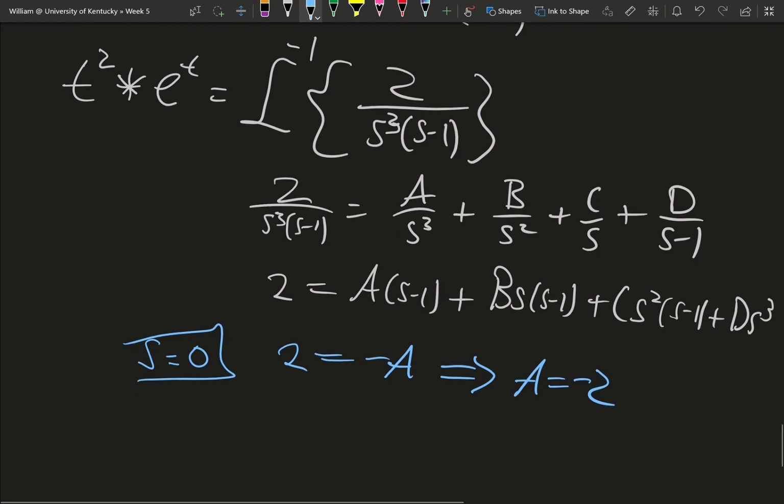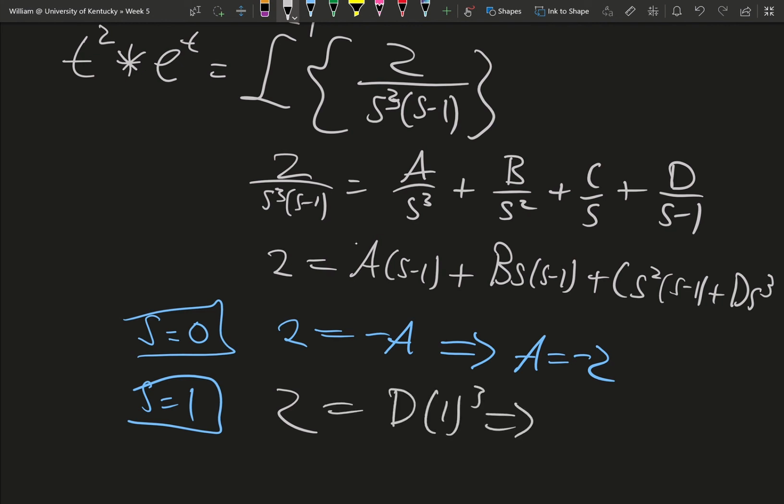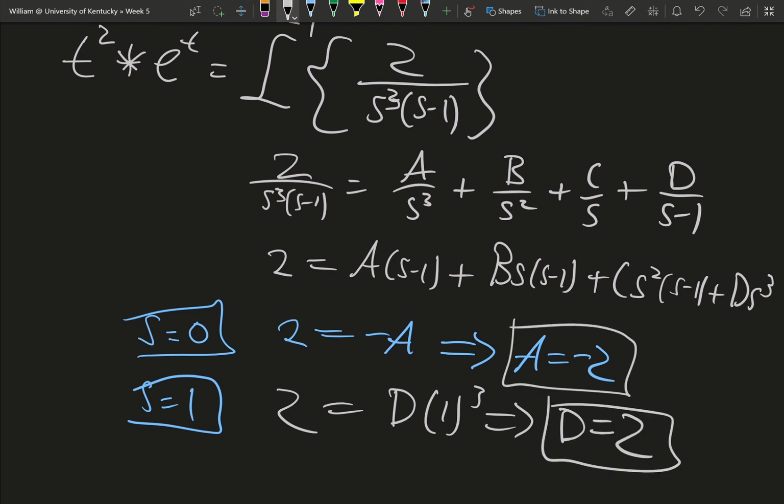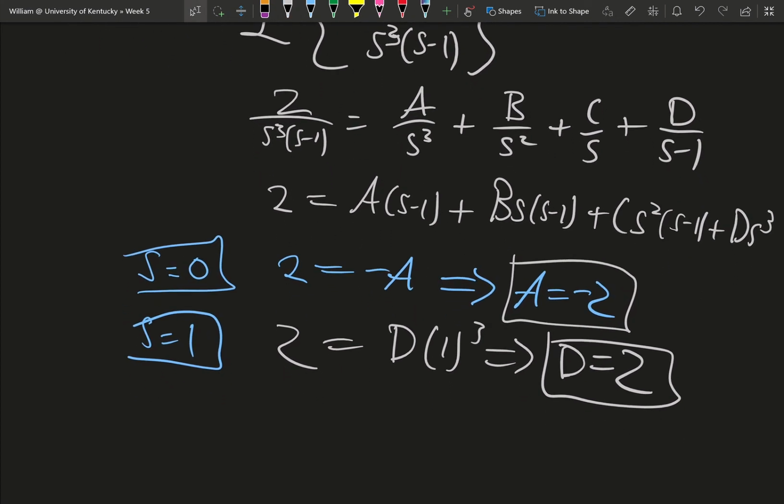If we plug in s equals 1, we'll get 2, that's 0, that's 0, that's 0, equals d times 1 cubed. So d equals 2. And then we're out of things to make everything cancelable.